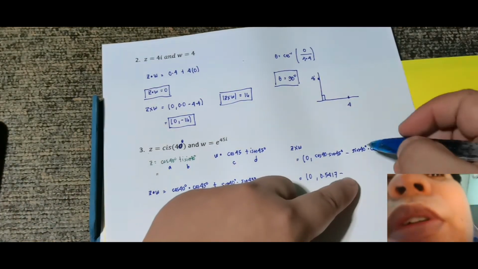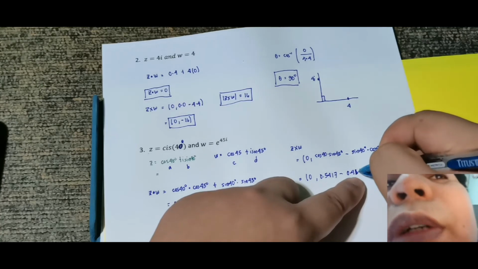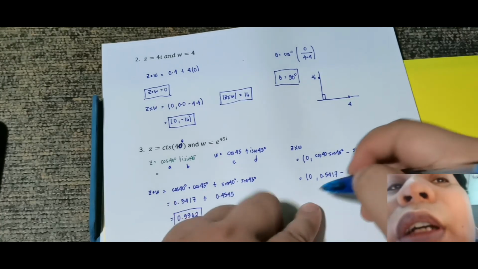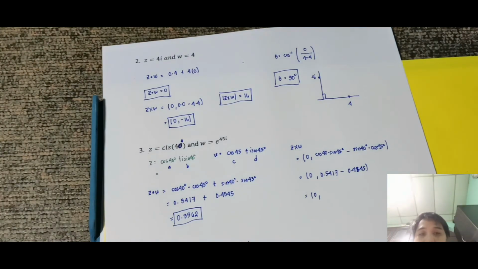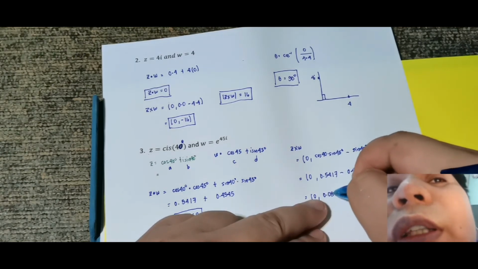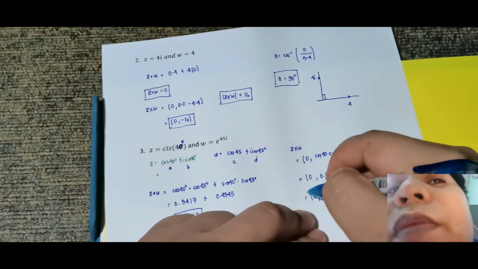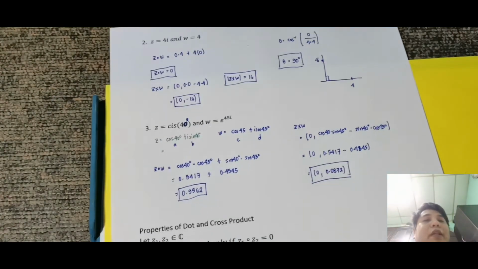That's minus 0.4545. Okay, which is equal sa 0, ano value nyan? 0.5417 minus 0.4545. That is 0.0872. Hindi kasi eksakto yung nag-given ni sir.